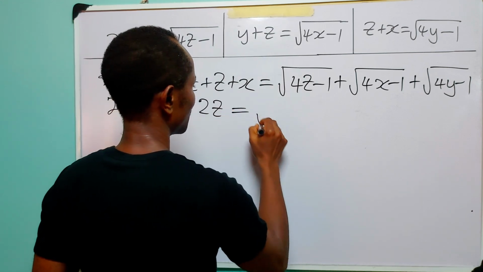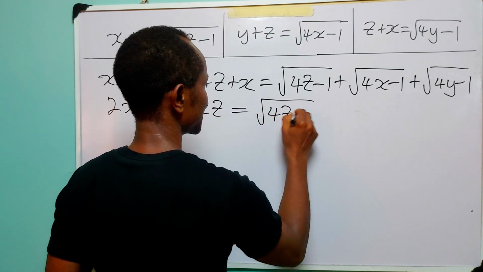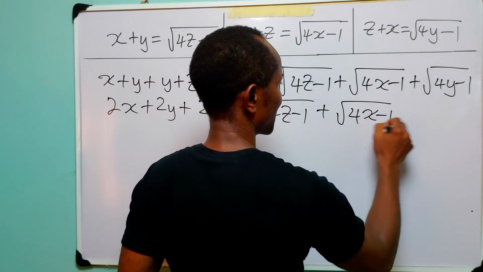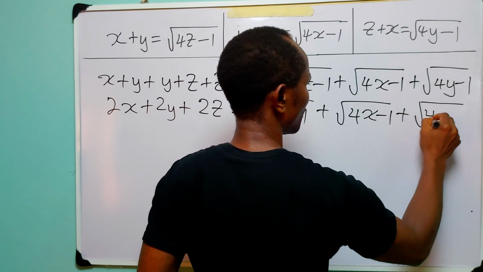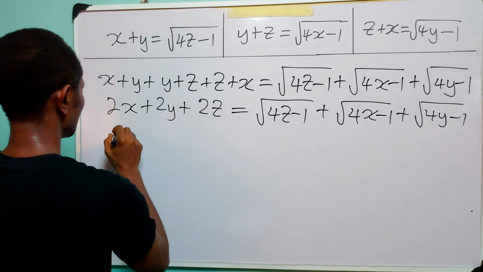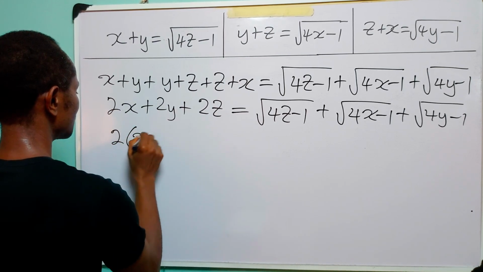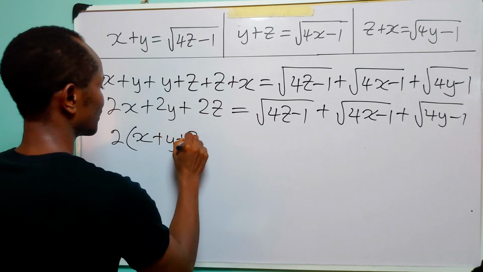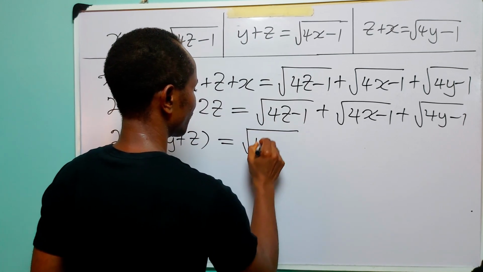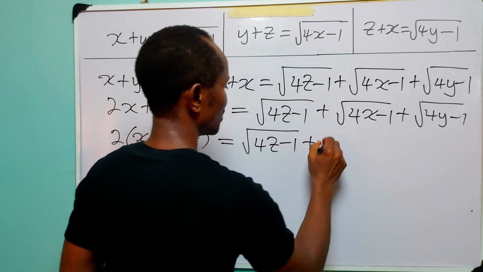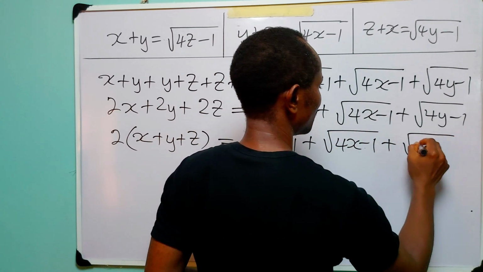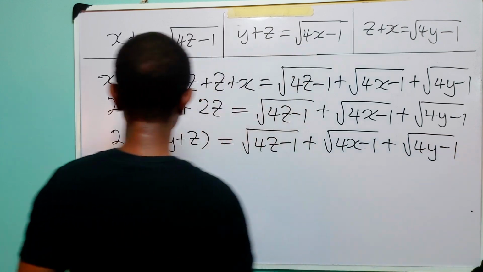Of course, this is still equal to root 4z minus 1 plus root 4x minus 1 plus root 4y minus 1. Here we can factorize 2. When we do that, we have 2 into x plus y plus z, equal to root 4z minus 1 plus root 4x minus 1 plus root 4y minus 1.